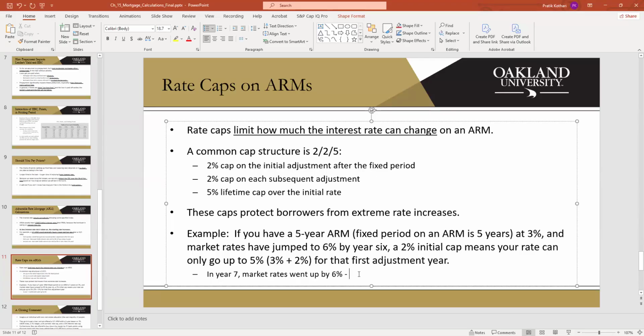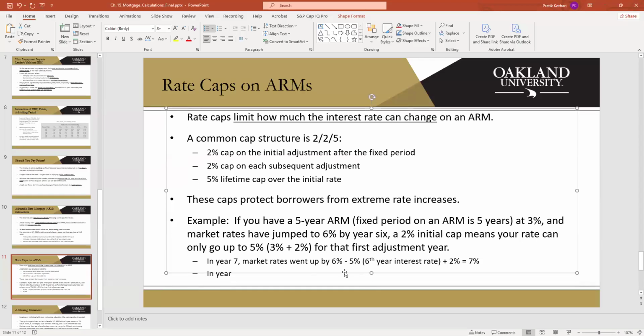So this means that our rate can be a maximum of 5%, which was the 6th-year interest rate, plus 2% of adjustment in the 7th year. So that will be 7%. Okay. Now let's assume that in year 8, market rates went up by 4% again.